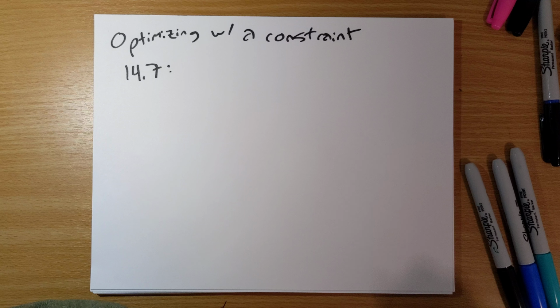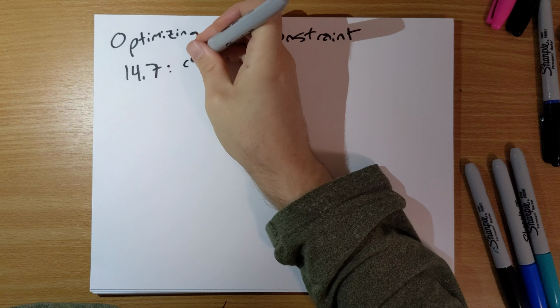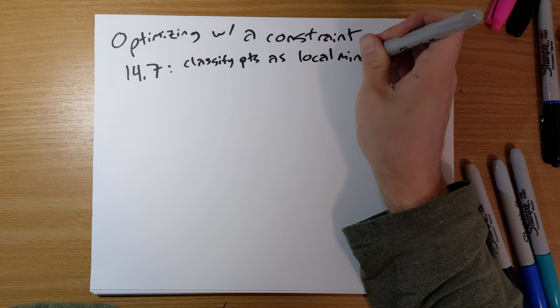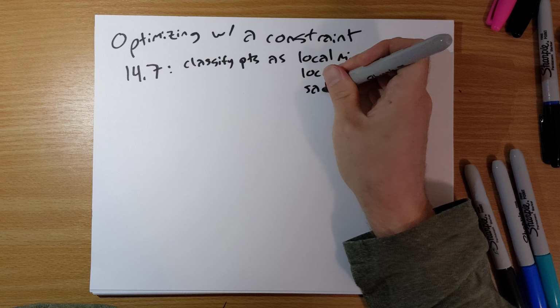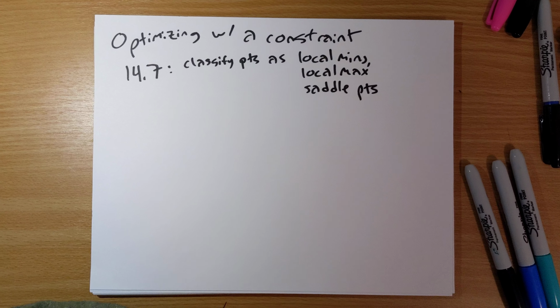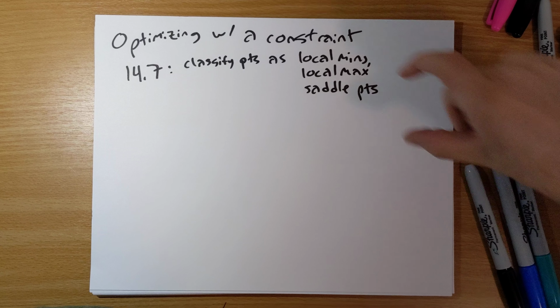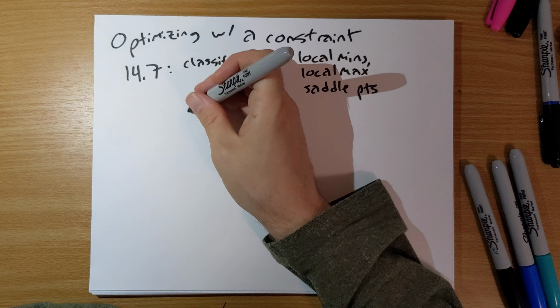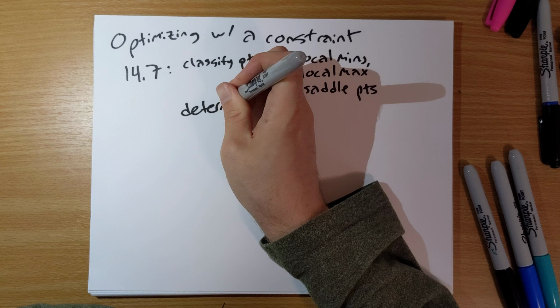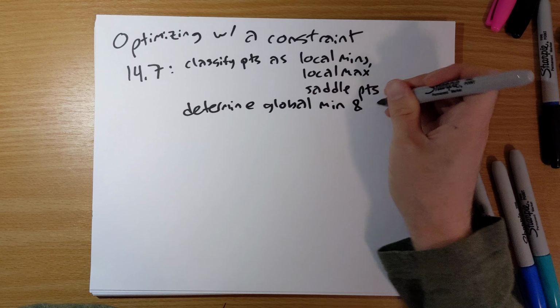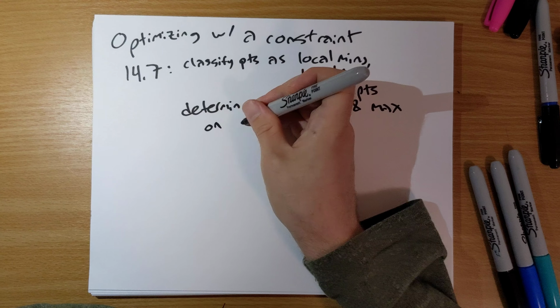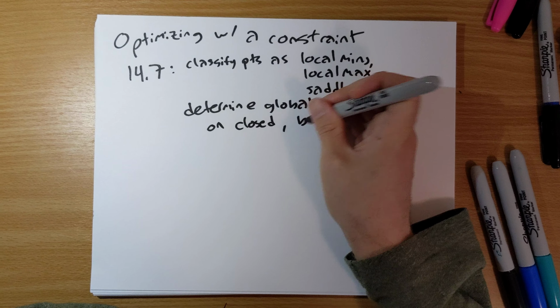The goals that we did in section 14.7 were that we were able to classify points as local mins, local maxes, or saddle points. And then we were also able to determine global mins and maxes on a closed bounded region.